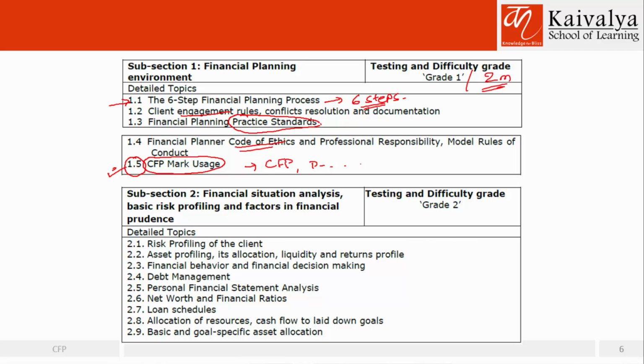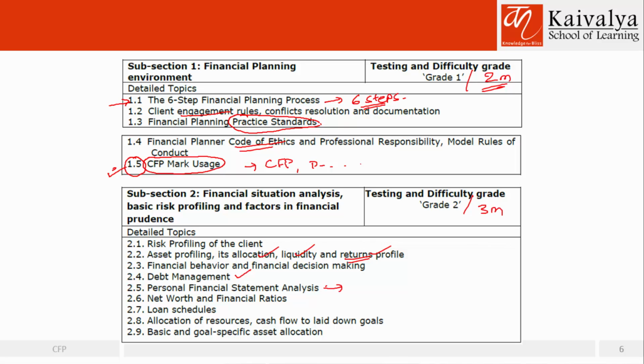Now we have got grade 2, that means it is a 3 marker question. So it comes from different topics: risk profiling of client, asset profiling, allocation, liquidity, returns profile. So this can be there, find out rate of return, then financial behavior and financial decision making, debt management, personal financial statement analysis.